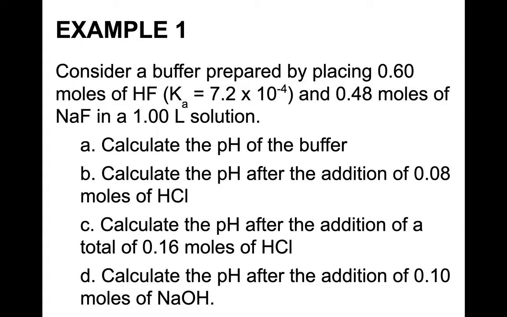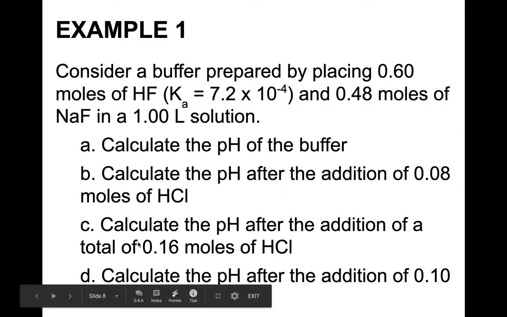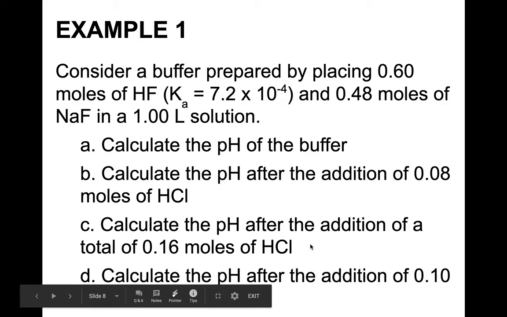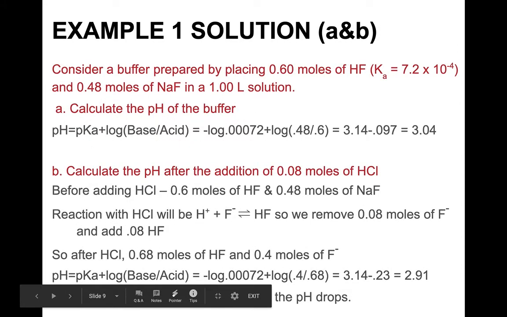Here's example 1. We've got given information, and we're calculating the pH of the buffer, the pH after the addition of an acid, the pH after the addition of a larger amount of acid, and the pH after the addition of a base. The slides walk through those solutions, calculating the pH from the Henderson-Hasselbalch equation.